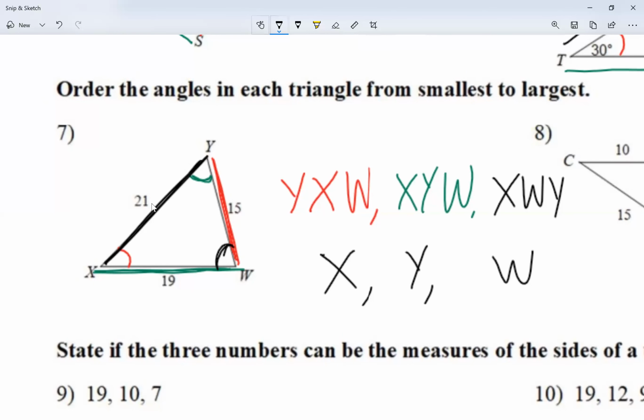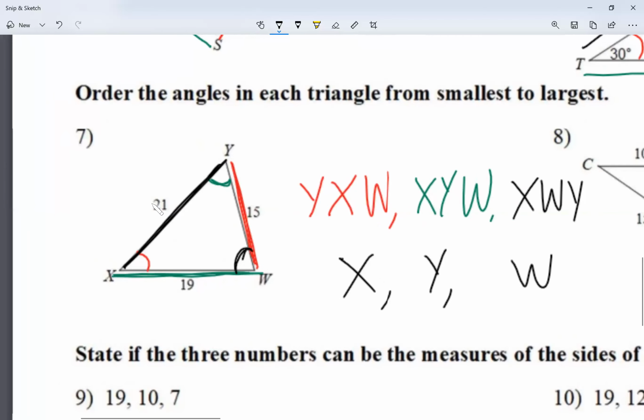Now you guys are going to be like, Mr. Leonzo, so how do I know when I can use 1 letter and when I can't? Well, if it is a unique corner, like in question number 7, it is a unique corner. When I look at my corner X, if I say angle X, I'm pretty sure you can see which angle I'm talking about.